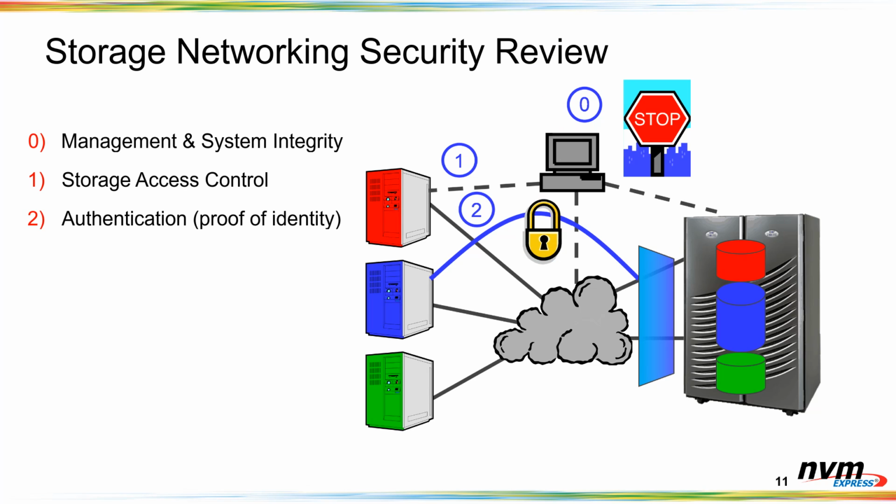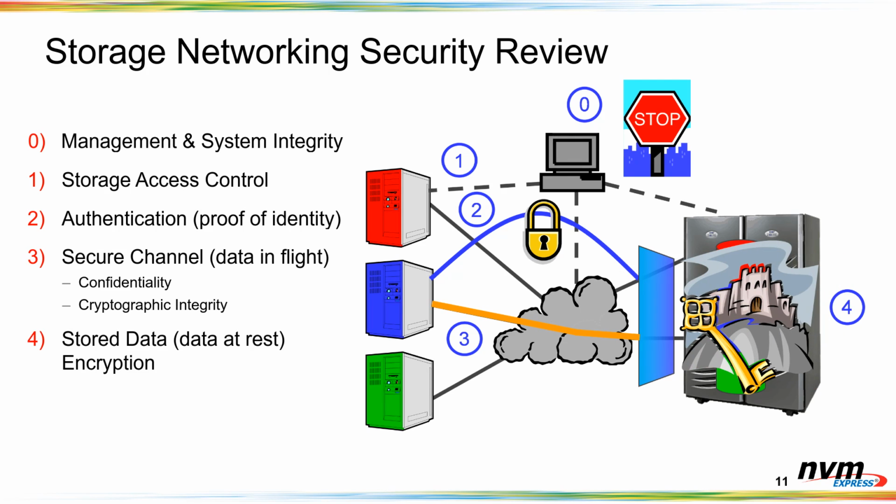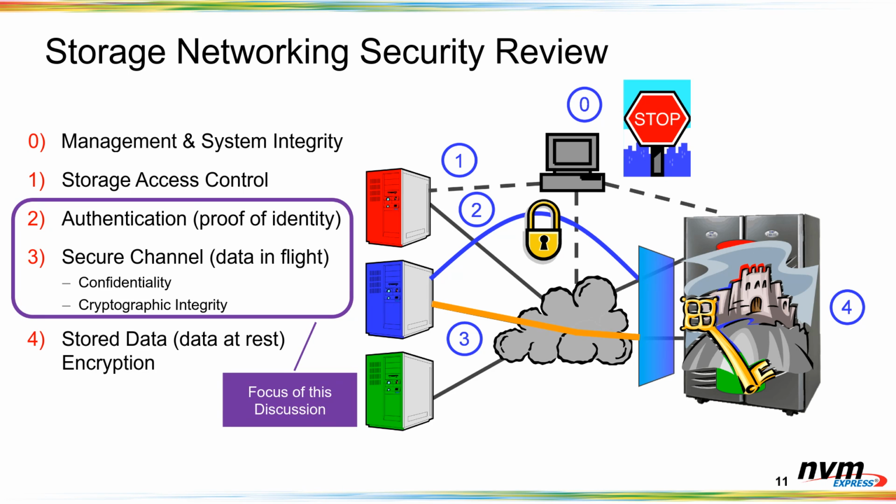We have authentication or proof of identity that prevents the green server from deciding it feels like being blue today. Secure channel, which prevents access to data in flight. And stored data at rest encryption. Because this is an NVMe-oF talk about storage networking, we're going to focus on the network mechanisms, numbers 2 and 3, authentication and secure channel for data in flight.